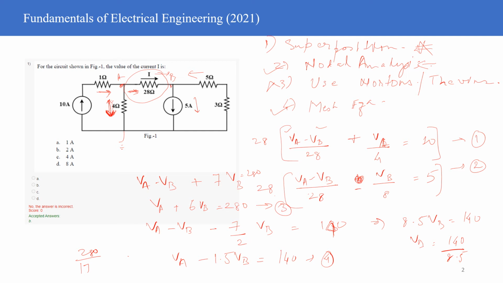So this minus 280 by 17, divided by 28. Okay, I have done some mistake here, it seems. I'm not getting the value as 2, but this is how you are going to figure it out.